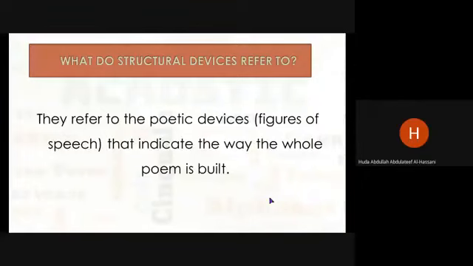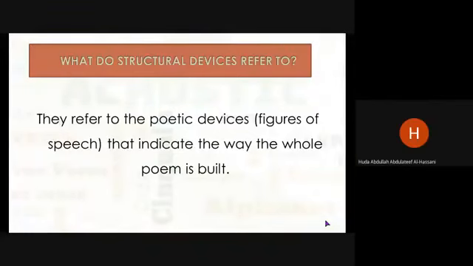First of all, what do structural devices refer to? Actually, structural poetic devices refer to the poetic devices, that is to say, figures of speech that indicate the way the whole poem is built. There should be a specific way to build the poem, and this way is called a structural poetic device.